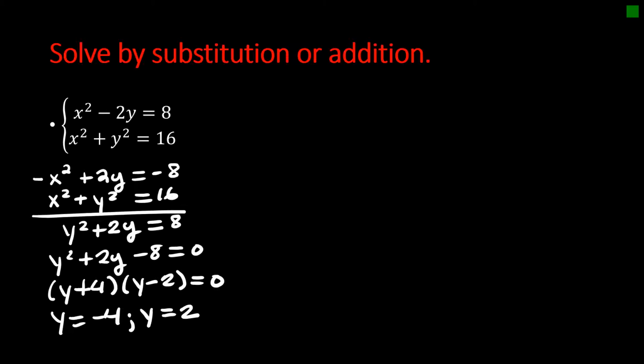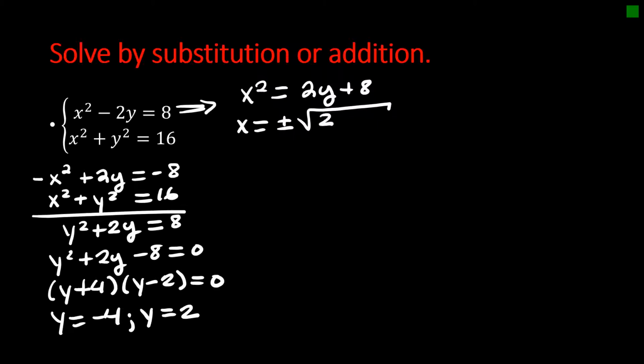So we need to find the x values here. So I'm going to go here. x squared is going to be 2y plus 8, or x is going to be plus or minus the square root of 2y plus 8.